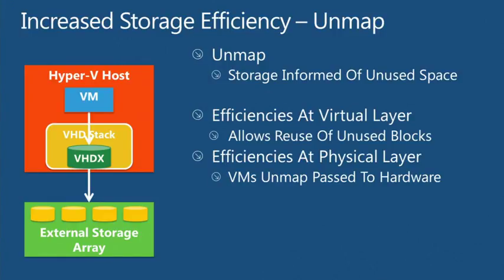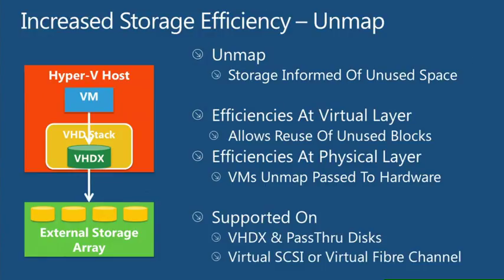So we have seamlessly integrated this feature all the way from the guest down to the virtual disk layer and down to the physical disk layer. And what you're going to see is that the virtual disks are going to be consuming less space with Windows Server 2012. Now, we've made a key decision to limit the support for trim and unmap only to the new virtual hard disk format.